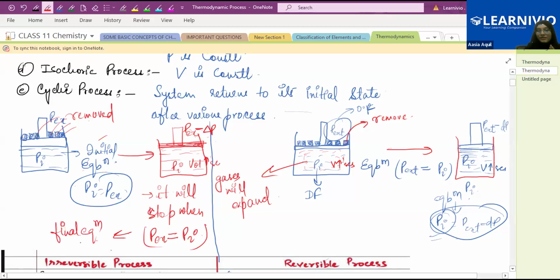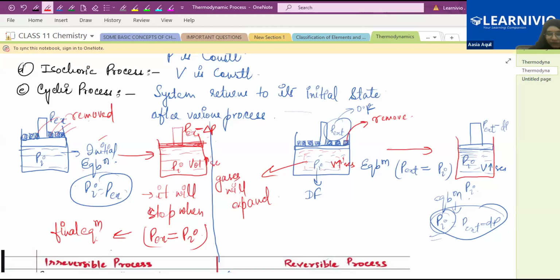In an irreversible process there will be a large decrement in the pressure. Here you will study the initial equilibrium as well as the final equilibrium. At every stage of the reaction or system, the equilibrium is not maintained in the case of an irreversible process.